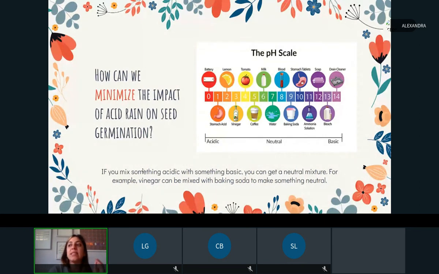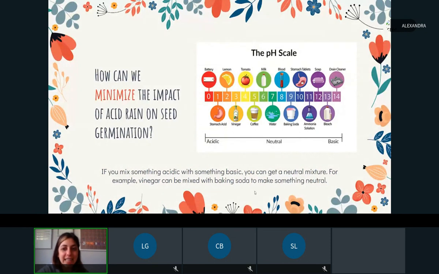If you mix something acidic with something basic, you can get a neutral mixture. So for example, we can mix vinegar with baking soda, and that's going to turn that solution into a neutral pH. Now, we often think of baking soda and vinegar as, if you've ever seen those paper mache volcanoes, right?